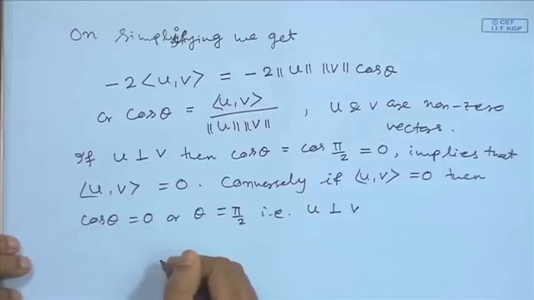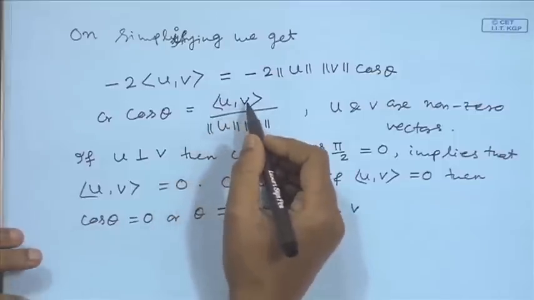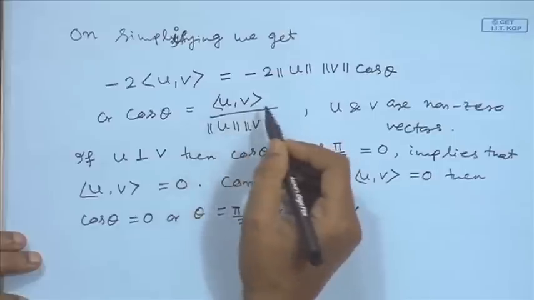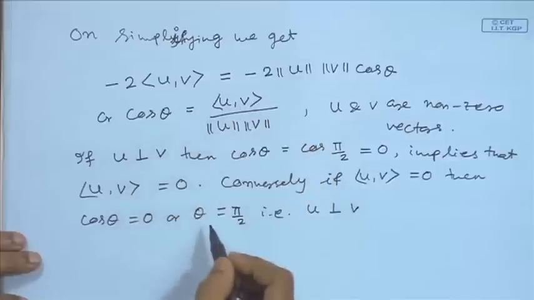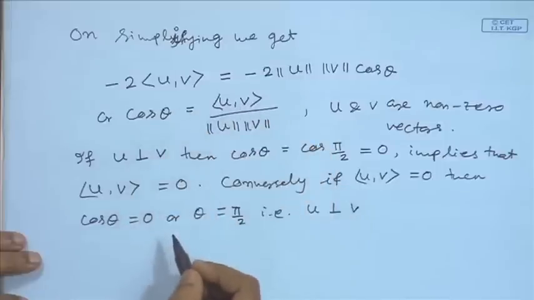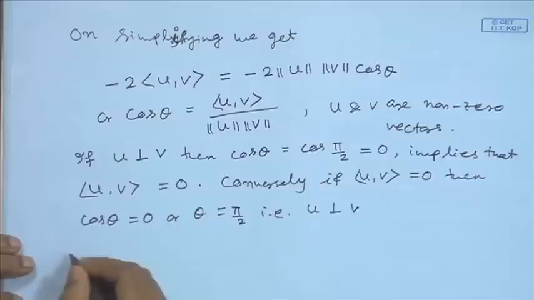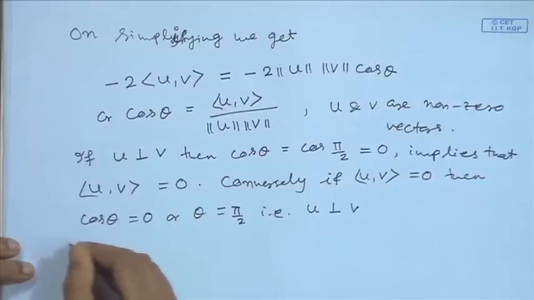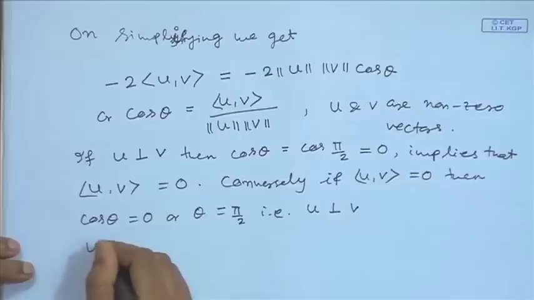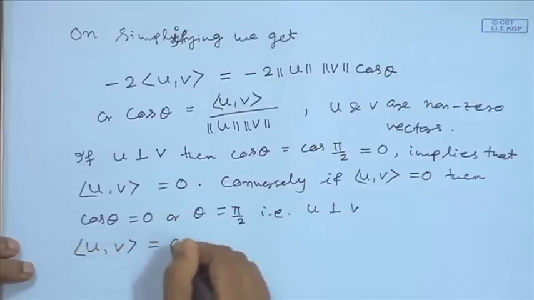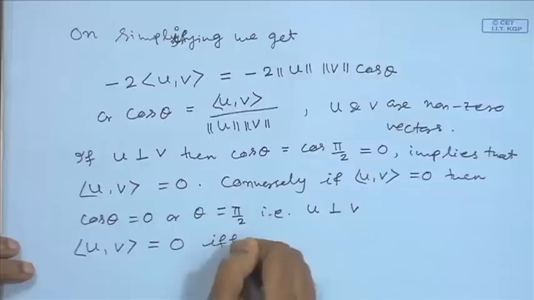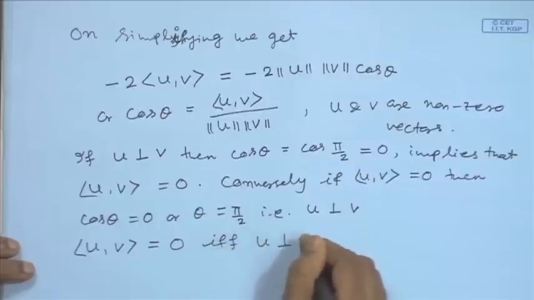So, on summarizing, the inner product of u and v is equal to 0 if and only if u is orthogonal to v.